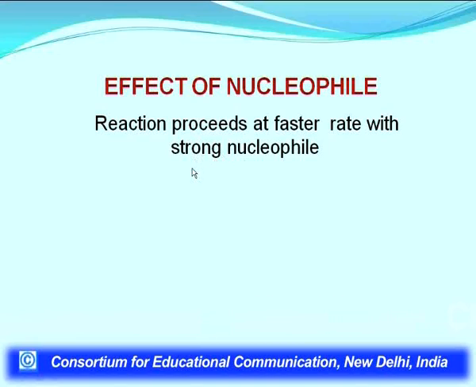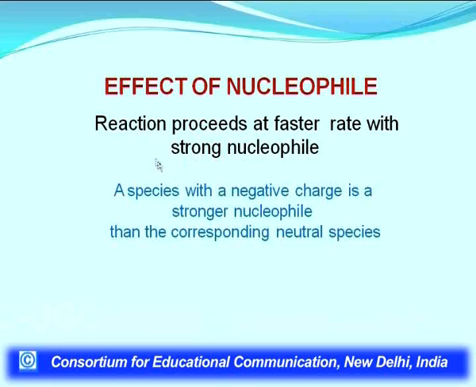Now, what type of nucleophiles are stronger nucleophiles? A species with a negative charge is a stronger nucleophile than the corresponding neutral species. I would like to add here, although you may already know this, that all nucleophiles are also bases, because they have a pair of electrons which they can share.